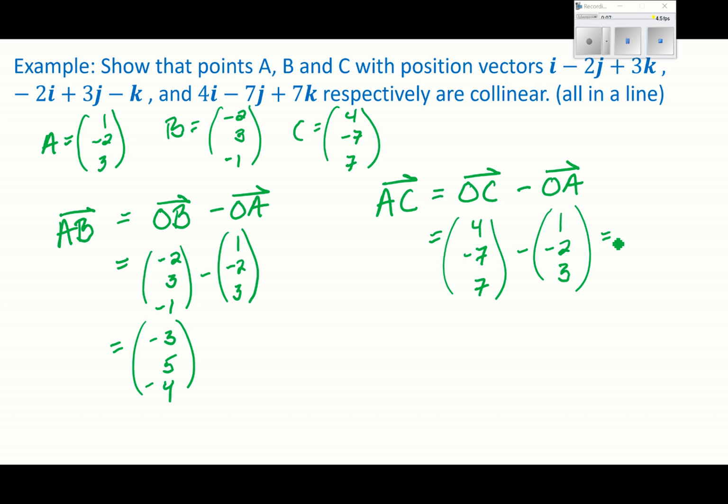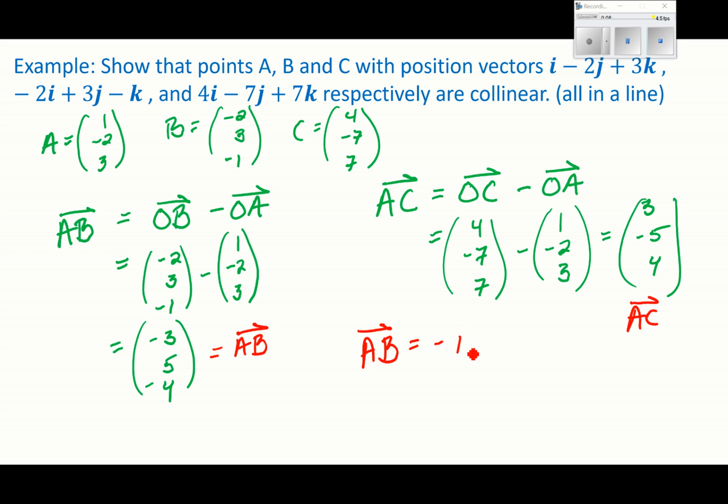If I subtract these, I end up with (3, -5, 4). Now I can compare these. This was my AB. This is my AC. Comparing the two, I can say AB is really just the negative of AC.